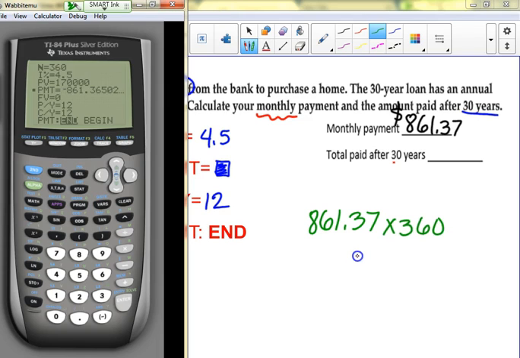This question is on the test, and half the people in the class will say, I don't remember how to get that. But does it make sense when you really think about it? This is the payment you made 360 times, right? Okay, so when you paid that 360 times, it's a big amount. How much?